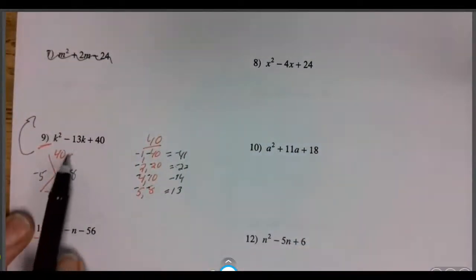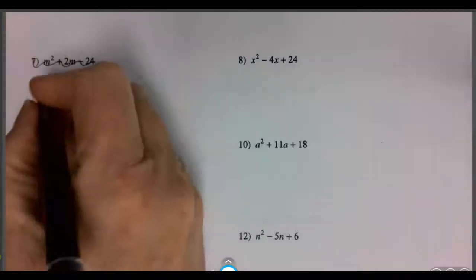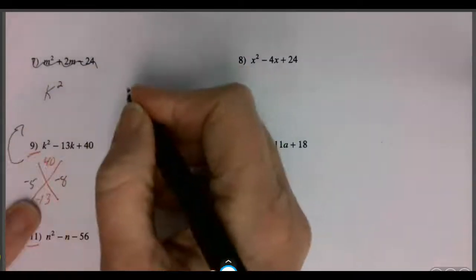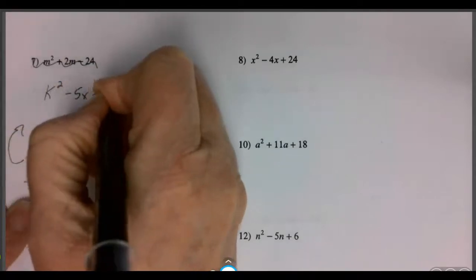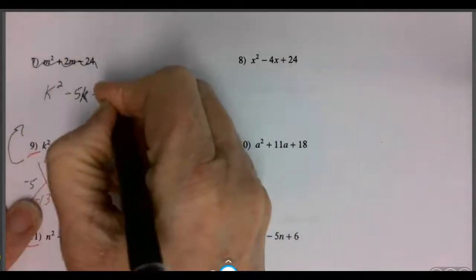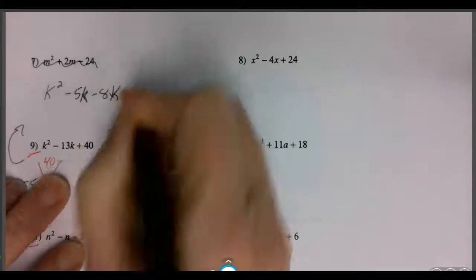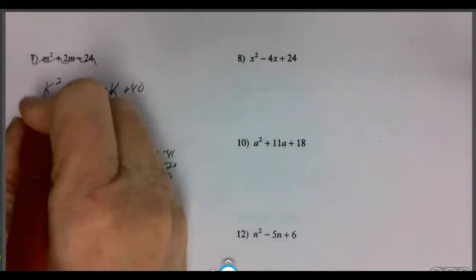So now I'm going to write it out as expanded into 4 terms. I'm going to write this in expanded form. So I have k squared. Now I'm going to write out my 2 middle terms, negative 5k and negative 8k, because remember that gives us negative 13. And then plus 40. Now we're going to factor by grouping. So we look at the first two. Greatest common factor is k.